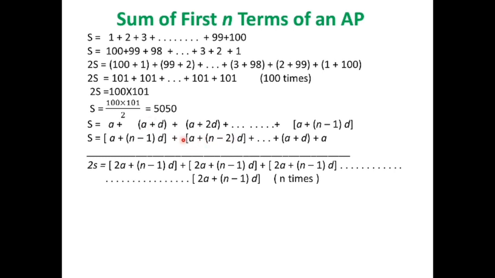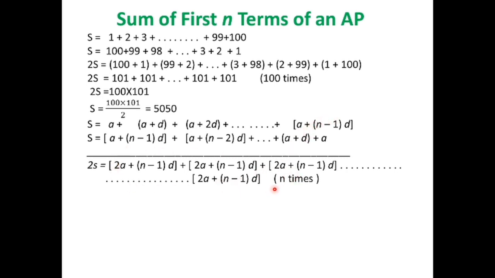Here a plus a is 2a. But here n minus 2 into d, here 1d. So what will happen here? N minus 1 into d. So here also 2a plus n minus 1 into d. Here also 2a plus n minus 1 into d. Next term also 2a plus n minus 1 into d. And last term also 2a plus n minus 1 into d.